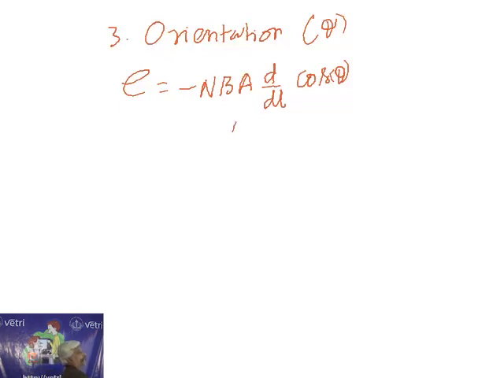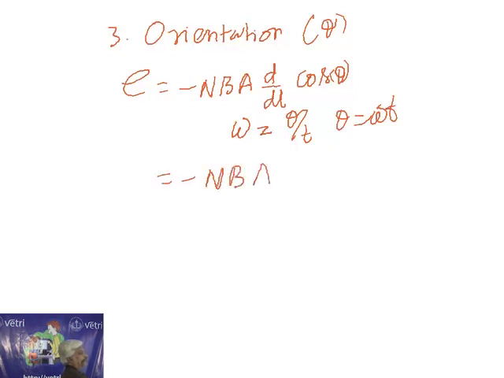Here, angular velocity, because it rotates, omega is equal to theta by t, or theta is equal to omega t. Therefore, minus N B A d by dt of cos omega t. We know it is a function of a function rule, so we have to differentiate it.